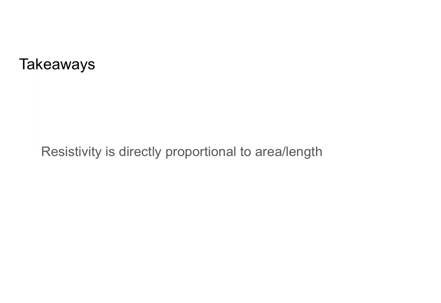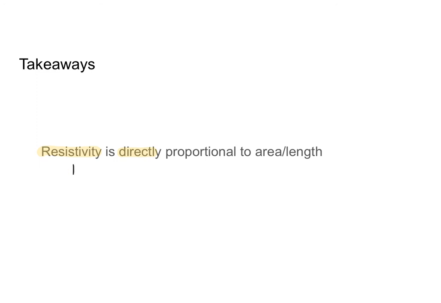And I really only have one takeaway, and that is that my resistivity is directly proportional to area divided by length. And I want to just go ahead and remind you all as well of our equations.